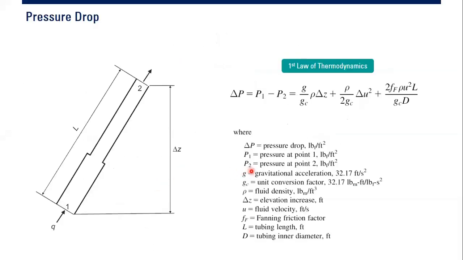So these parameters influence the performance of our wellbore, which is simplistically shown by this diagram. So first point, second point, L is the tubing length, delta Z is the elevation difference.